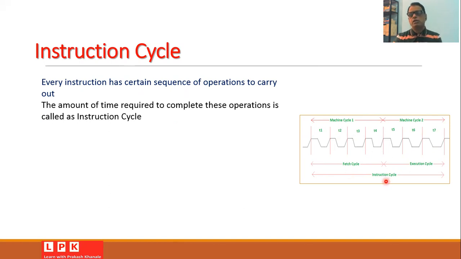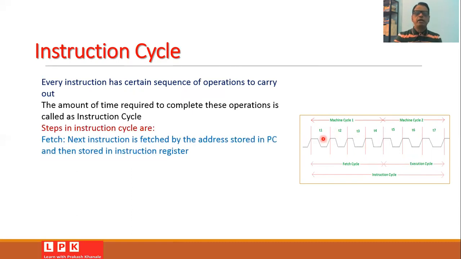As shown in this figure, this is the instruction cycle, which consists of a fetch cycle and an execution cycle, which in turn consist of machine cycles and a number of T states. The first step in the instruction cycle is the fetch, where the next instruction is fetched using the address stored in the program counter, and then it is stored in the instruction register.